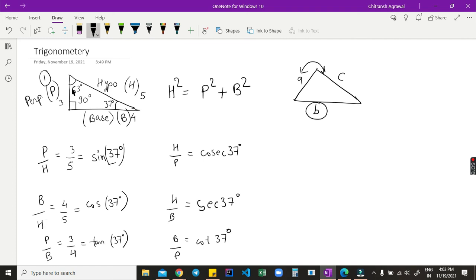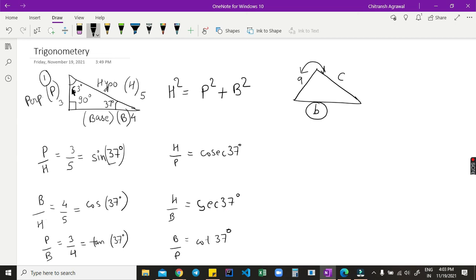We are just giving names to these ratios of the sides of a right angle triangle. Later on in trigonometry, we are going to see how these ratios are interlinked with each other and how we can use them to calculate various angles of this triangle.